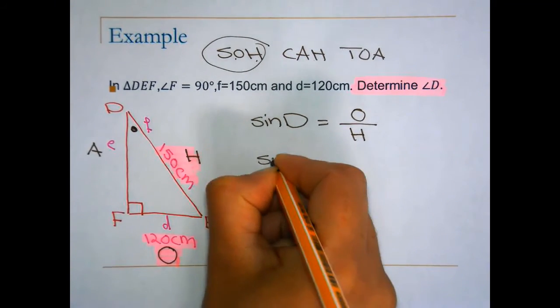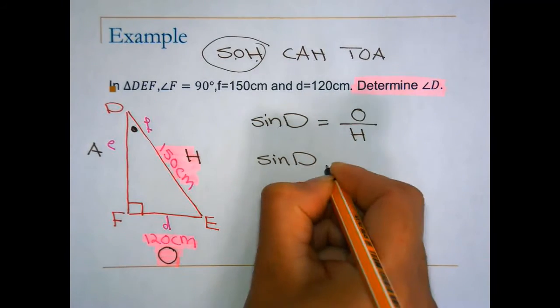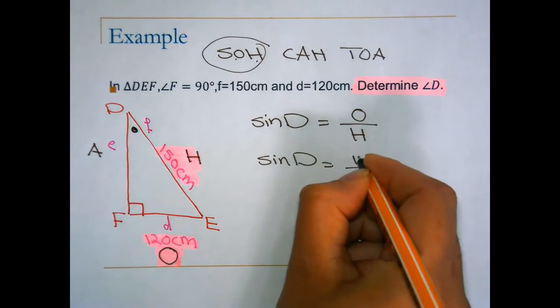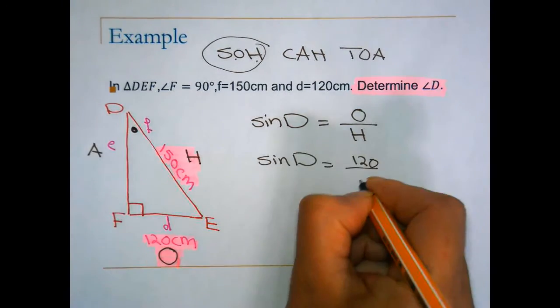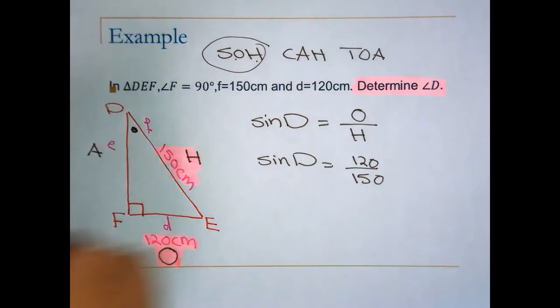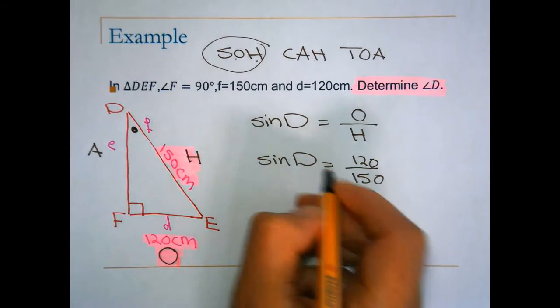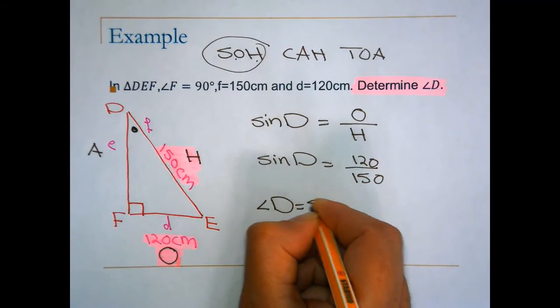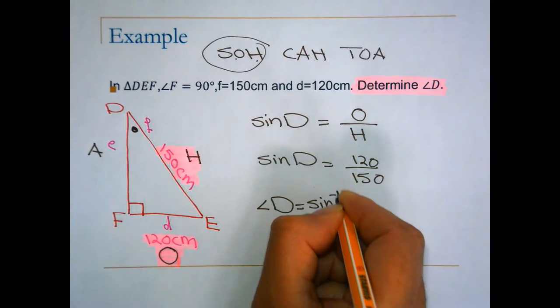We write again, and this time we substitute. So O is 120, H is 150. Now we're trying to find an angle, so we have to use the inverse key on the calculator.